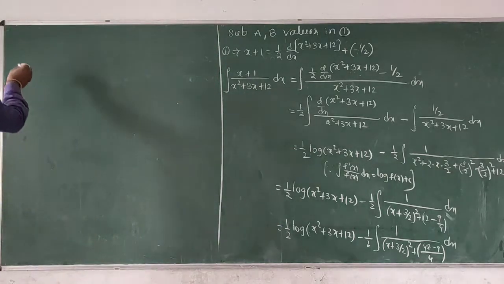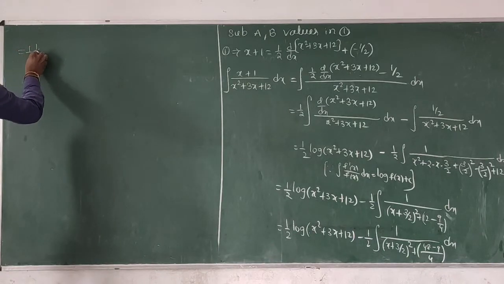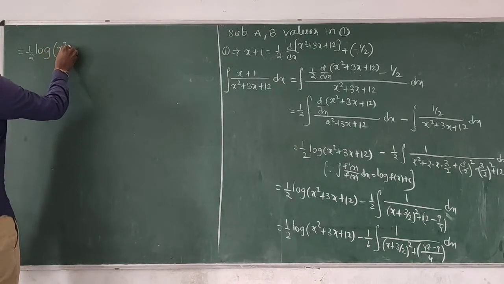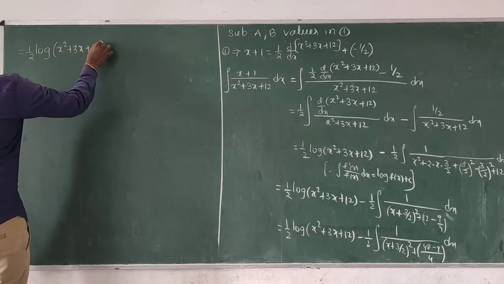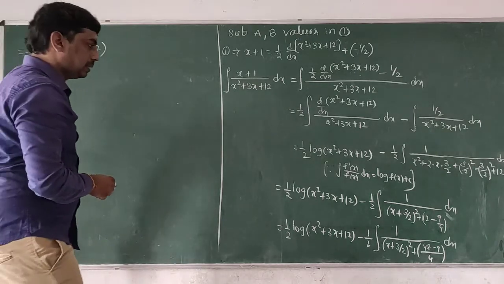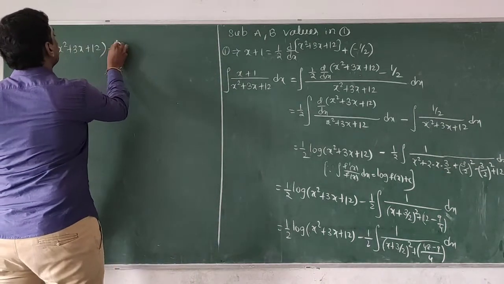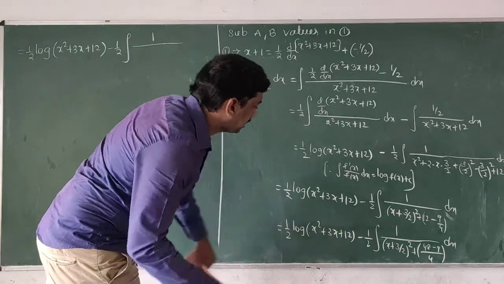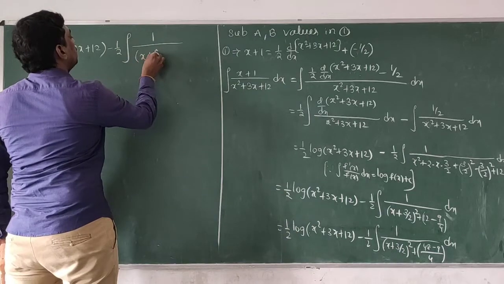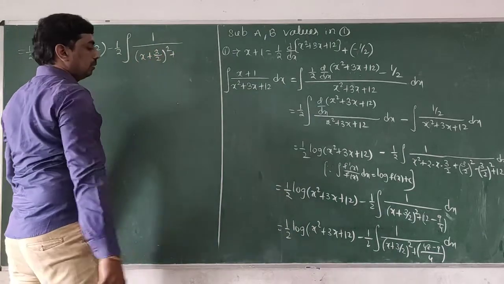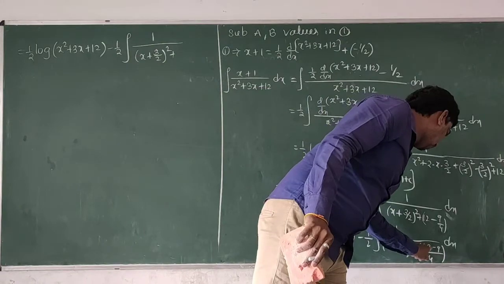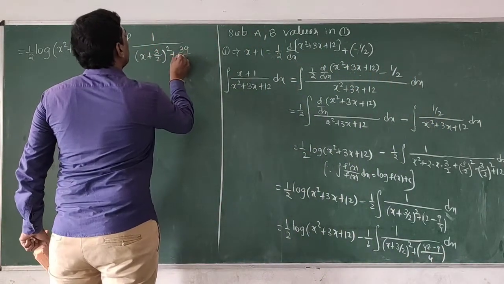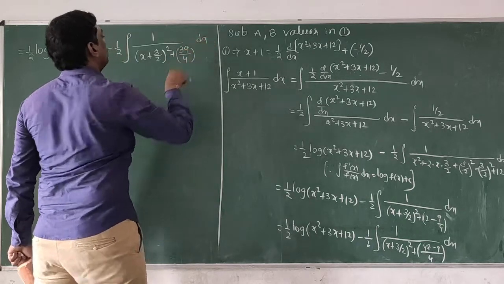Now continuation: 1 by 2 into log of x square plus 3x plus 12 minus 1 by 2 into integration of 1 by x plus 3 by 2 whole square plus 48 minus 9, that is 39 by 4, dx.